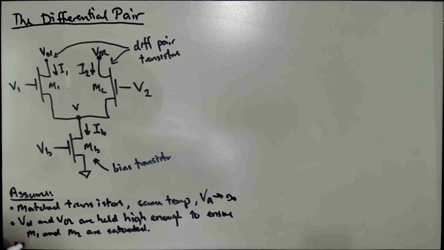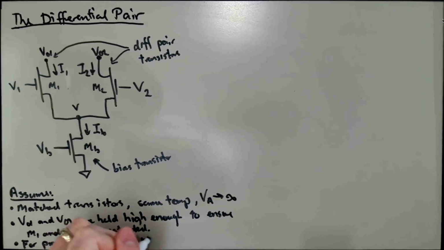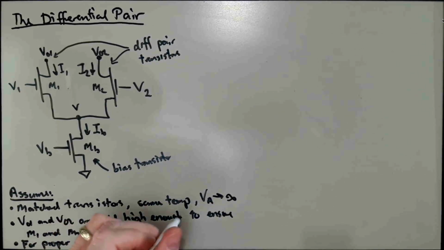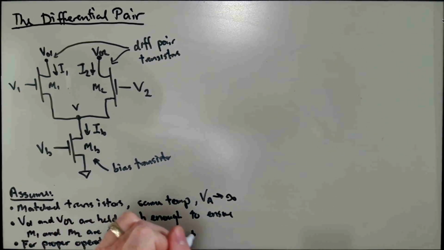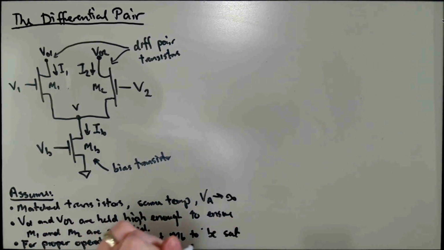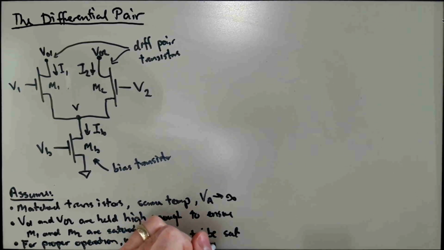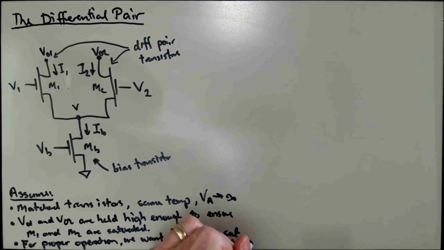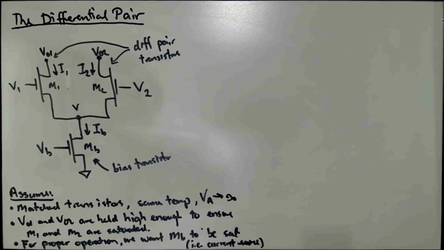And we're going to say for proper operation, we want MB to be saturated. Current source like. So it should operate like a current source.